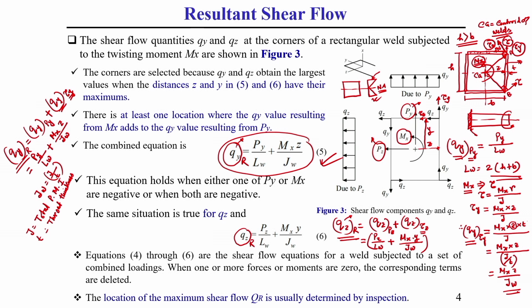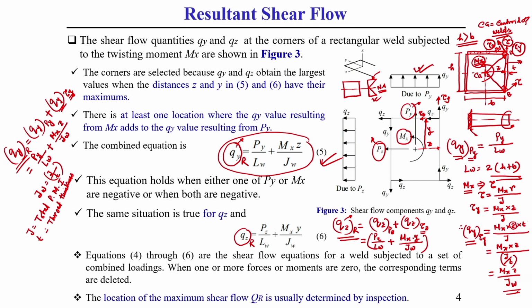So, this shear stress is generally acting at an angle, and you can divide it into two components, one in the y direction, another in the z direction. Due to this y component of shear stress, whatever shear flow there will be, you need to choose those corner points where that shear stress is adding with this Qy value.